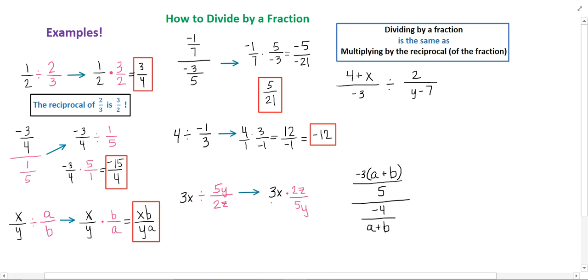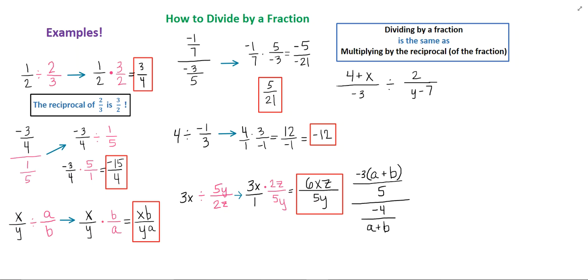And just like in the last problem, since 3x is not a fraction, we can easily make it a fraction by putting it over 1. And so now we can just multiply across. So on the top, we're going to get 6xz, and on the bottom, 5y times 1 is 5y.